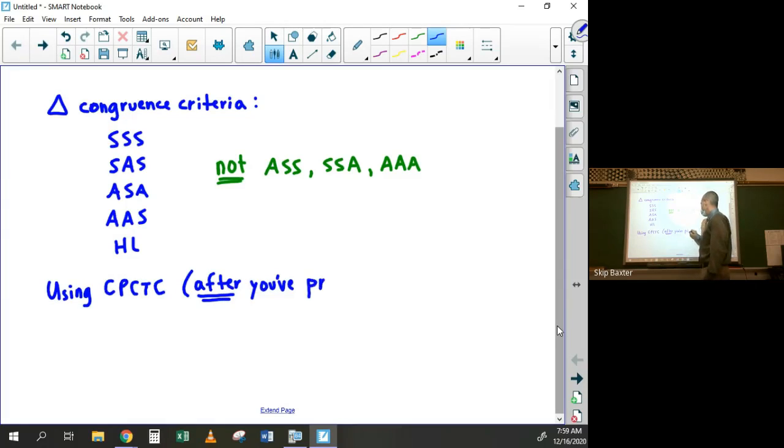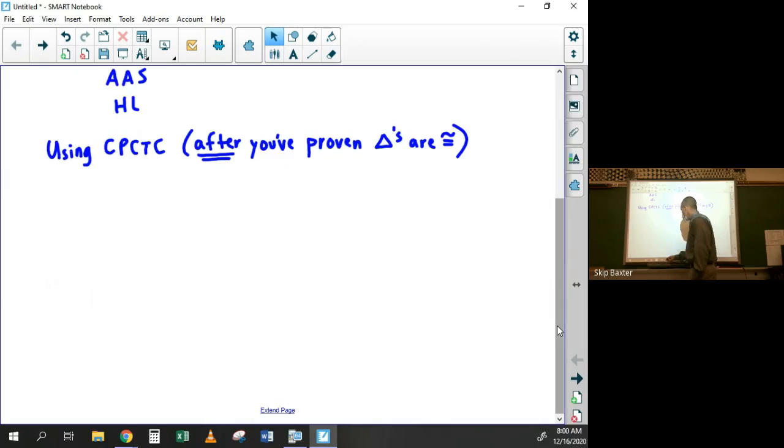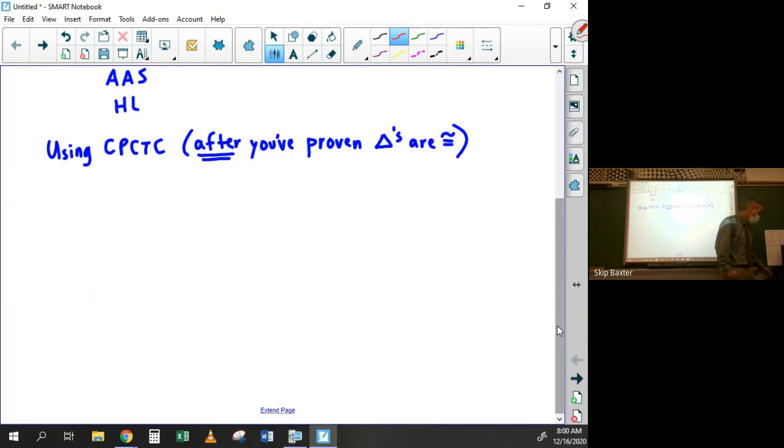So this is not a way to prove triangles are congruent, but it's used after you've proven triangles are congruent, as a way to show that you have 2 congruent angles or 2 congruent sides. So let's do an example of a proof, and that'll give you time to work on this in class so I can help you if you need help.